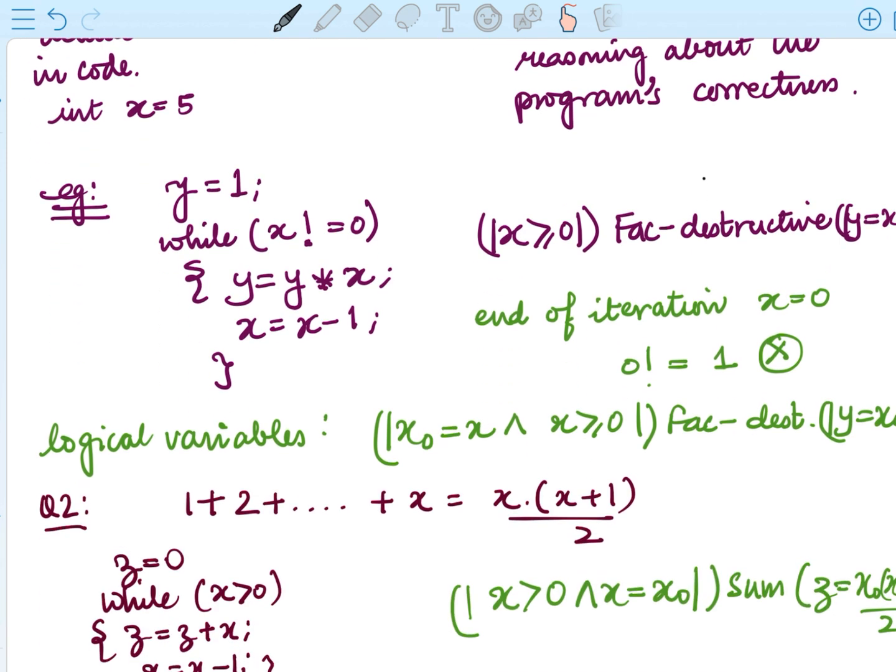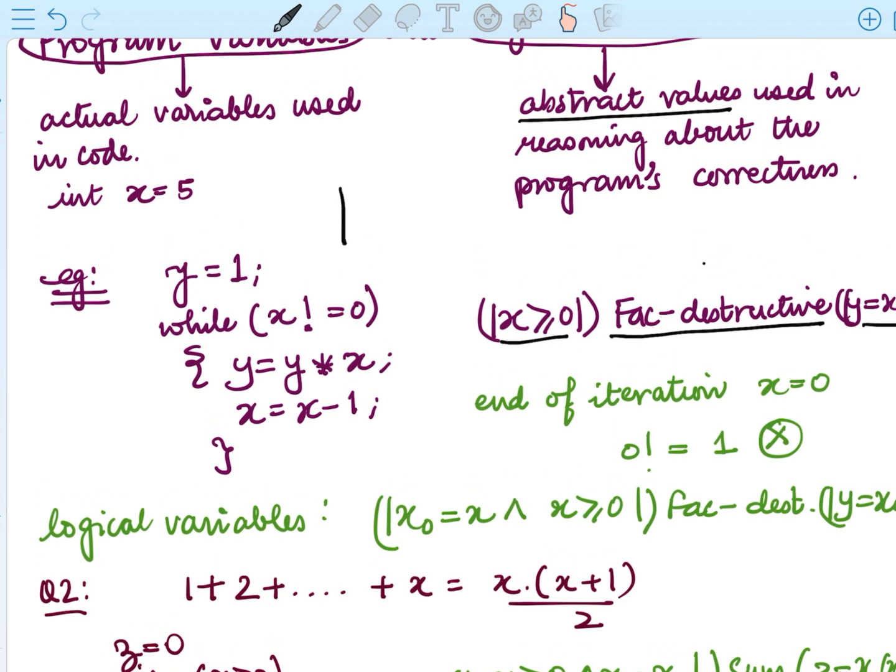So again, we have this program: y is equal to 1, while x is not equal to 0, y is equal to y into x, x is equal to x minus 1, and the loop closes. This is the factorial destructive program, the name of the program, and this is the precondition, this is the postcondition. Now, if you make the diagram or understand this program, what you will find is we have two variables.